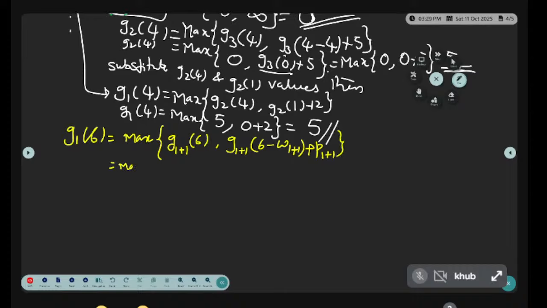This is equal to the maximum of G2 of 6, comma G2 of 6 minus W2. What is the weight of 2? W2 is given as 3, plus P2. So here G2 of 6 we don't know, G2 of 3 we don't know.